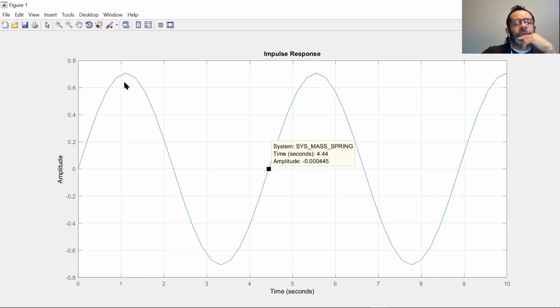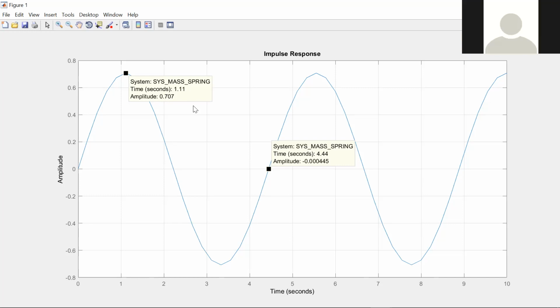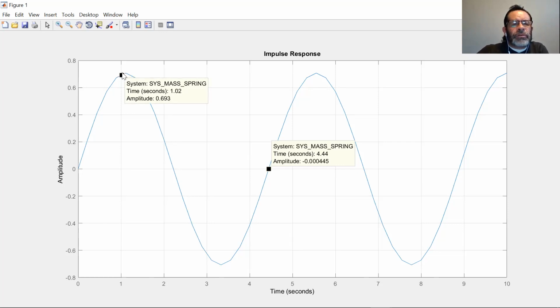The distance got shorter and the period got a little bit longer. What happened with the magnitude, which has to do with what Pablo was saying? It's lower. It's a smaller amplitude. So the maximum here is roughly around 0.707 approximately. So instead of going 1 meter, now it's going 0.7 meters. So again, think about the physical system.